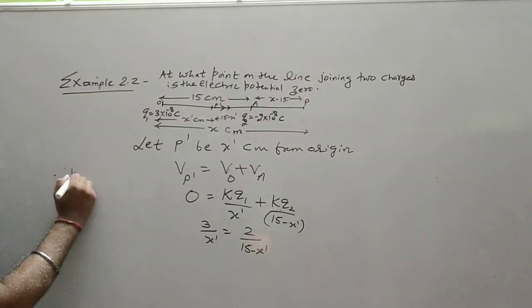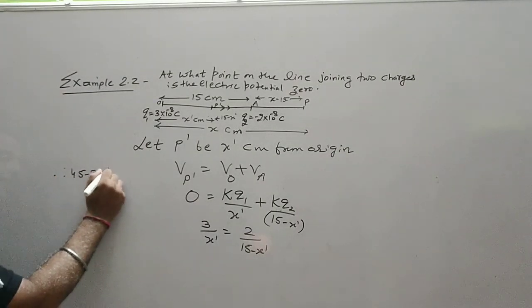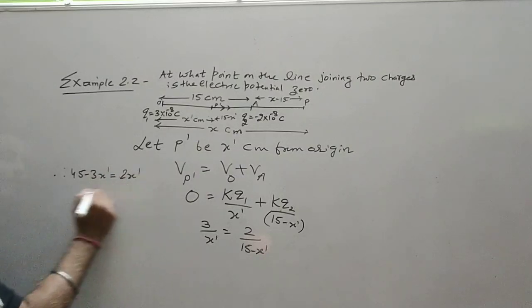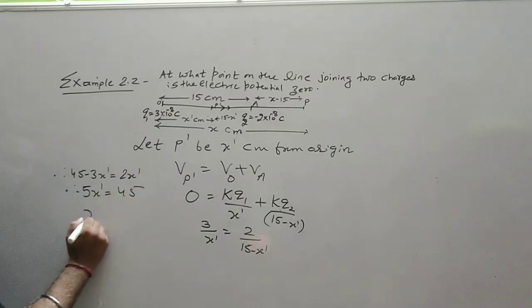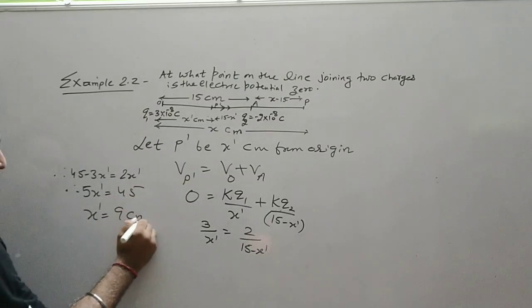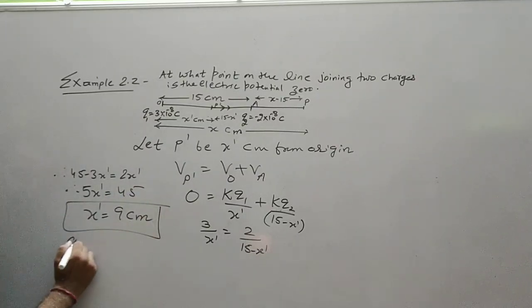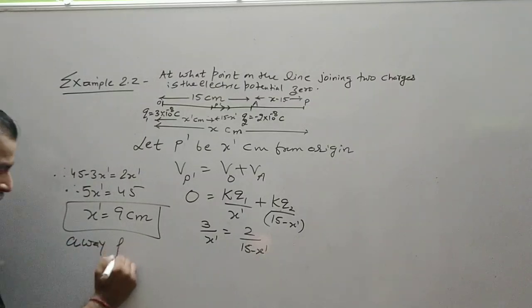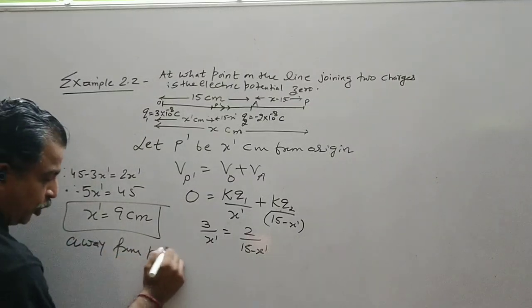Therefore, 45 minus 3X dash is equal to 2X dash. Therefore, 5X dash is equal to 45, so X dash is equal to 9 centimeter away from the positive charge.